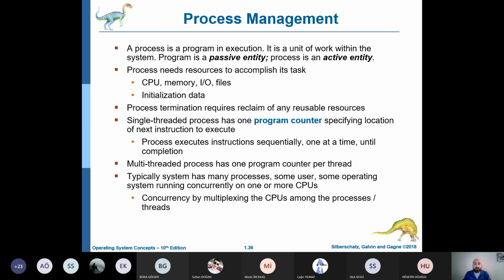But we describe all those program instances executing on our system as processes. All these processes can potentially execute concurrently by multiplexing on a single CPU core or in parallel across multiple CPU cores.